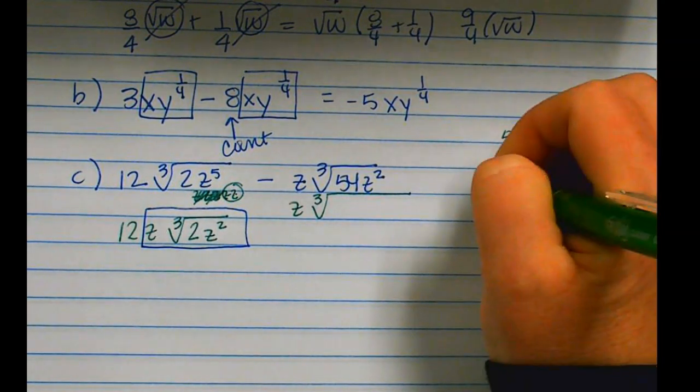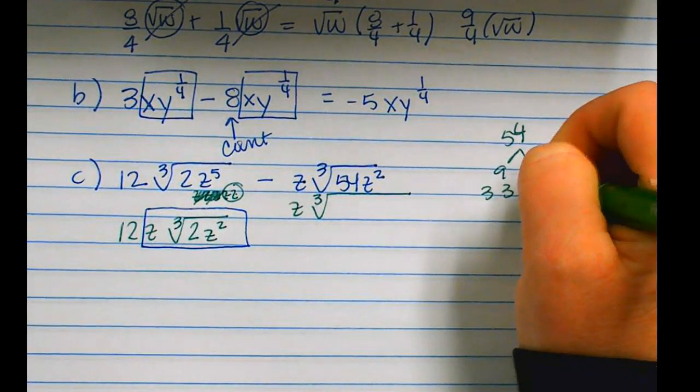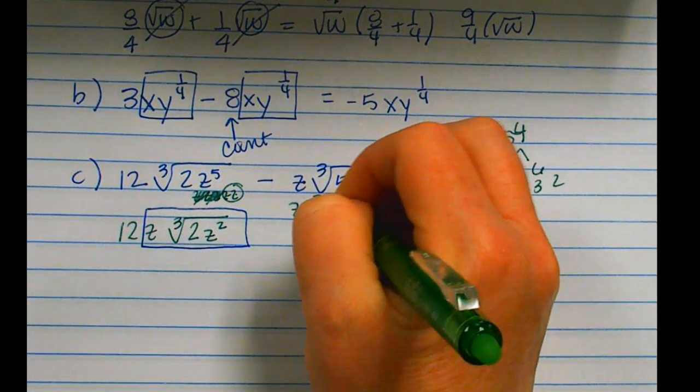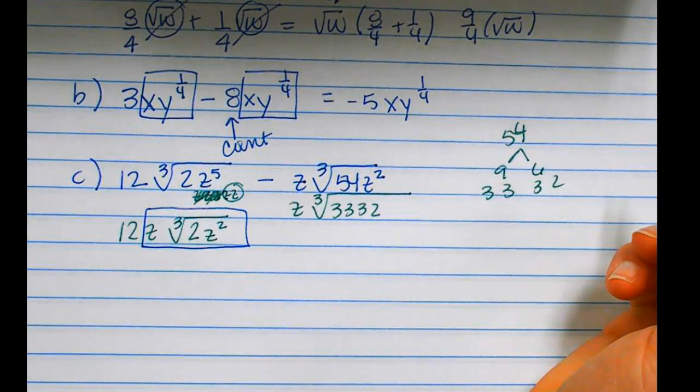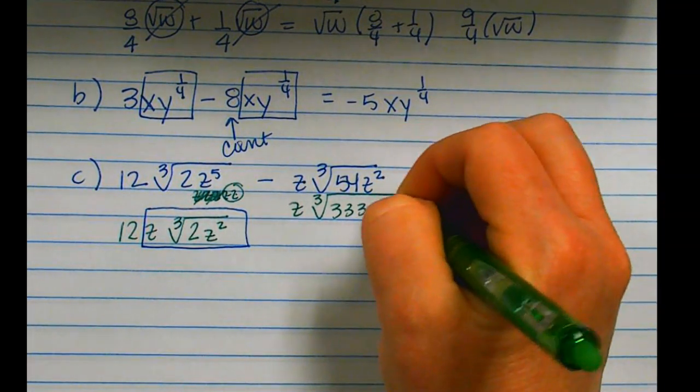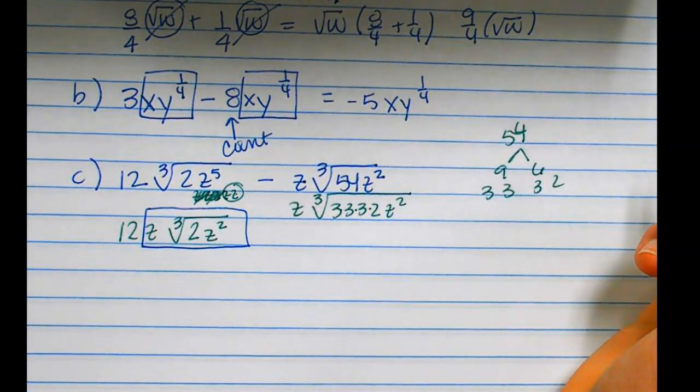Nine times 6. So 3 and 3 and 3 and 2. That's all multiplication. That's not 3,332. Z squared. So I'll put little dots in there.